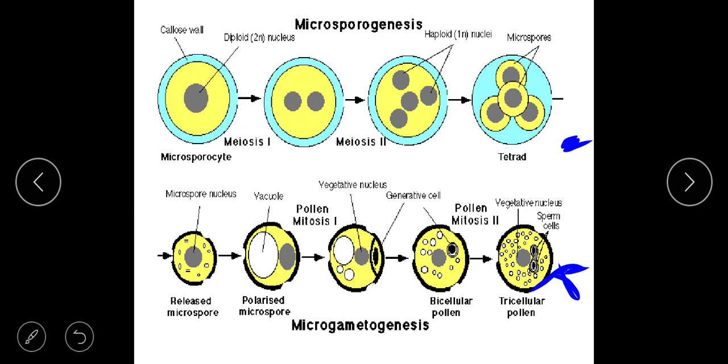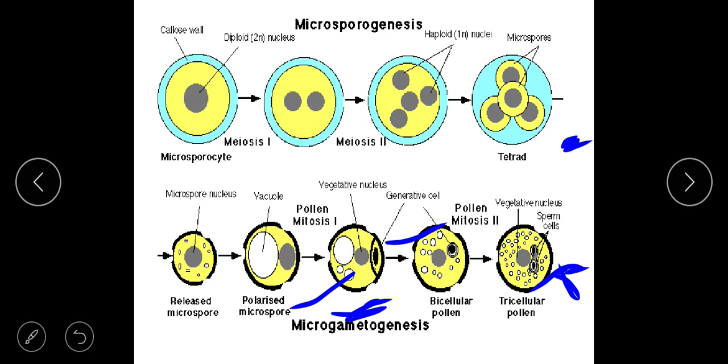The inner wall is known as the intine, which is thin, and inside it, the mature microspore is at the two-cell stage. In this diagram, you can see the microspore consists of two cells. The bigger cell is called the vegetative cell, and the smaller one is known as the generative cell.